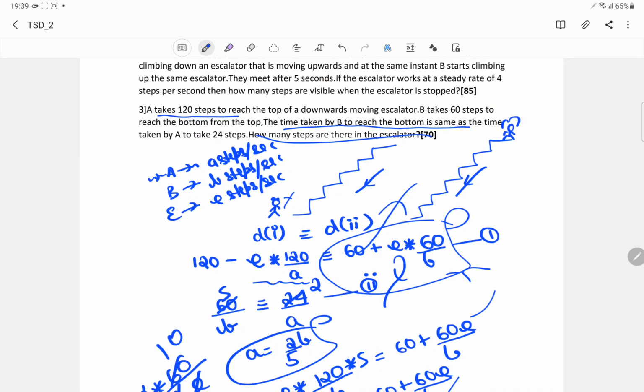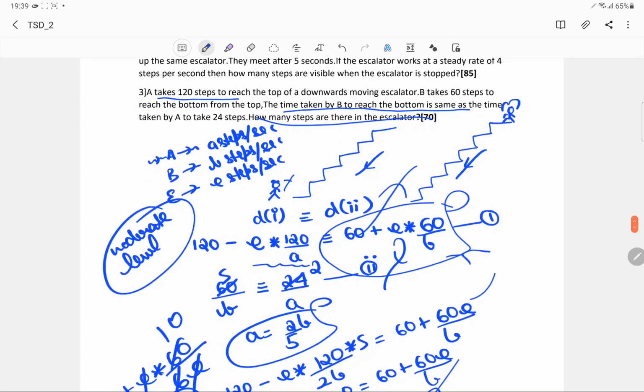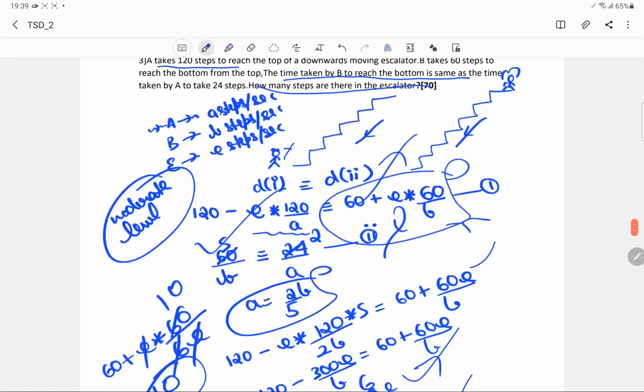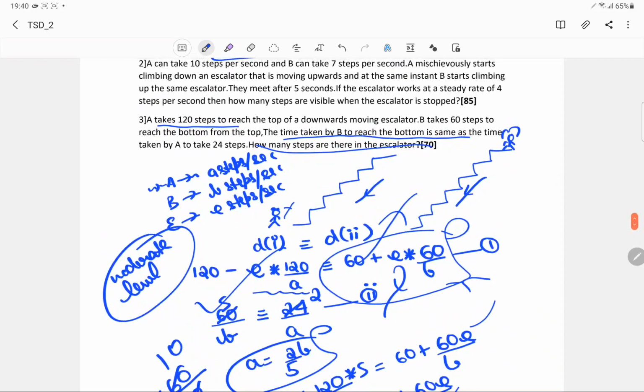I think it is a bit on a moderate level, but it is a good question. So you just had to equate. The very obvious thing is that the length of the escalator was equal, so we could equate this. Then we could get these equations, and just some solving had to be done. Go through it again, you'll get it.